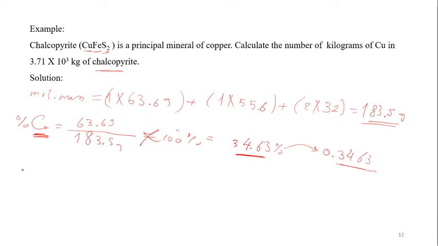Now if I multiply the fraction of the copper by the weight of the chalcopyrite, I can get the number of grams of copper in the chalcopyrite.